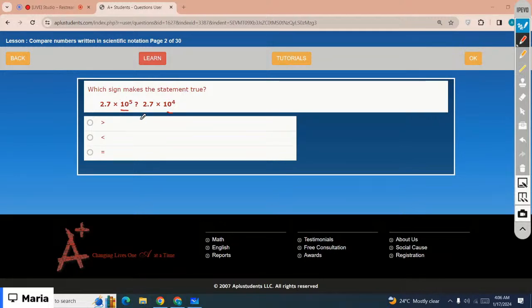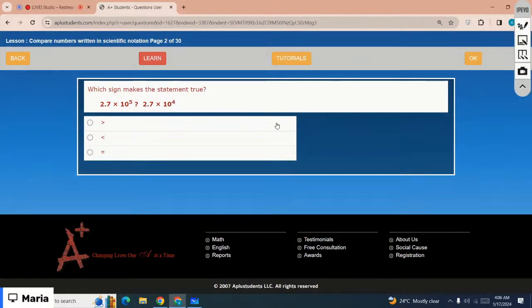That means 2.7 times 10 exponent 5 is greater than 2.7 times 10 exponent 4. Got it? The correct option is greater than, that is option number 1.